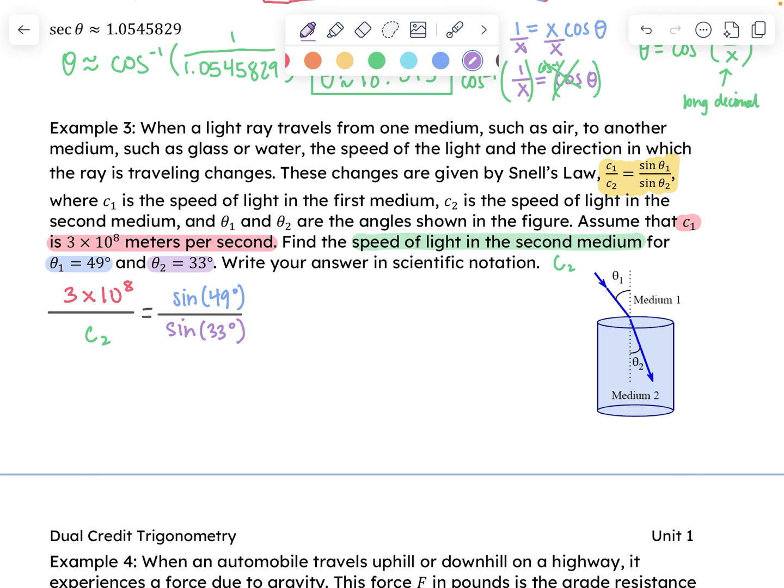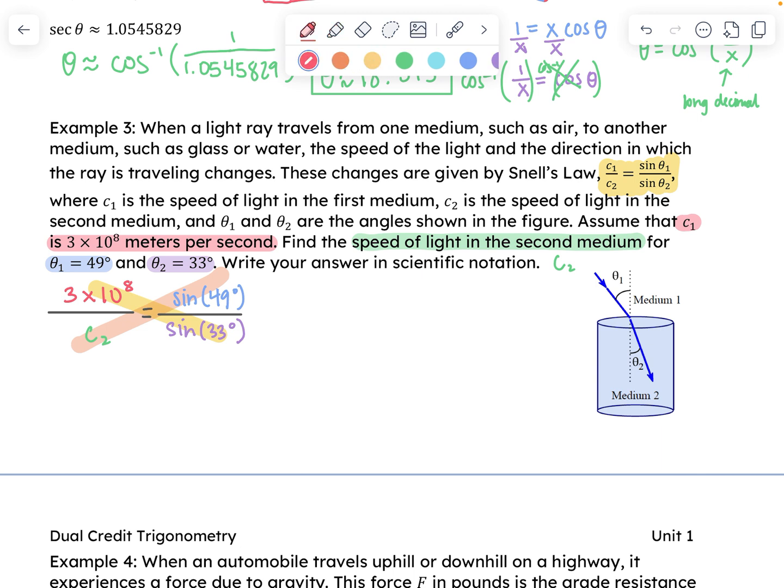Whenever I have a fraction equals a fraction, the first thing that I think about is cross multiplying. So top times bottom with the other side, and top times bottom with the other side. So let's go ahead and cross multiply and see if that helps us out here.